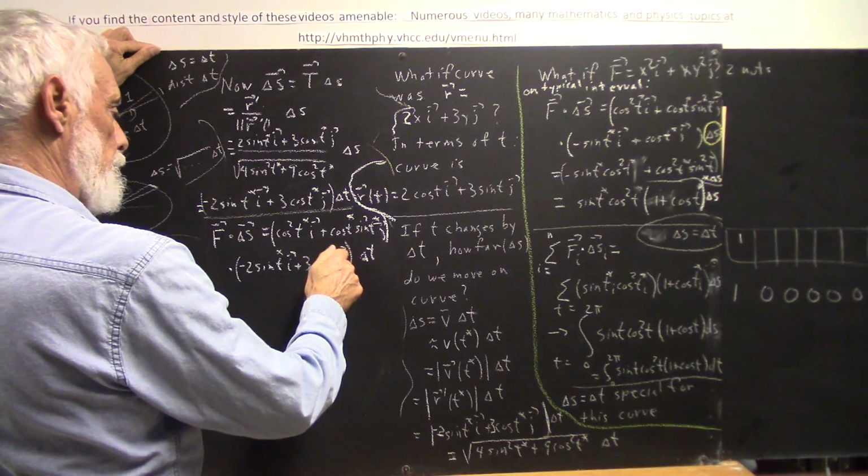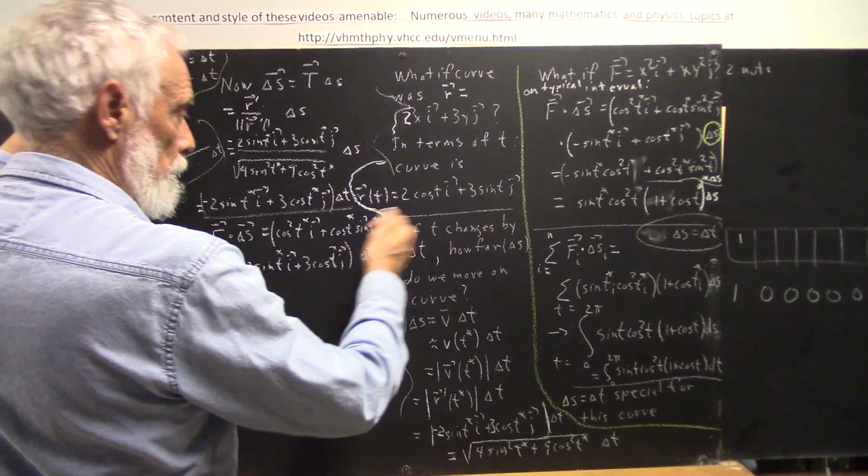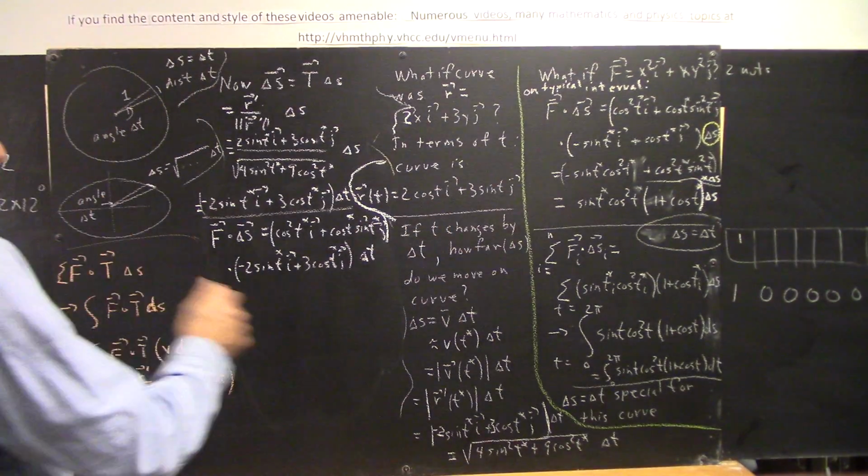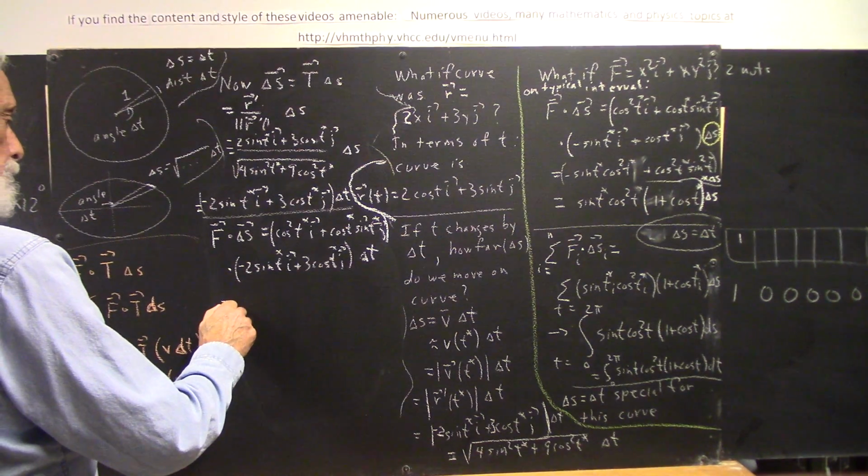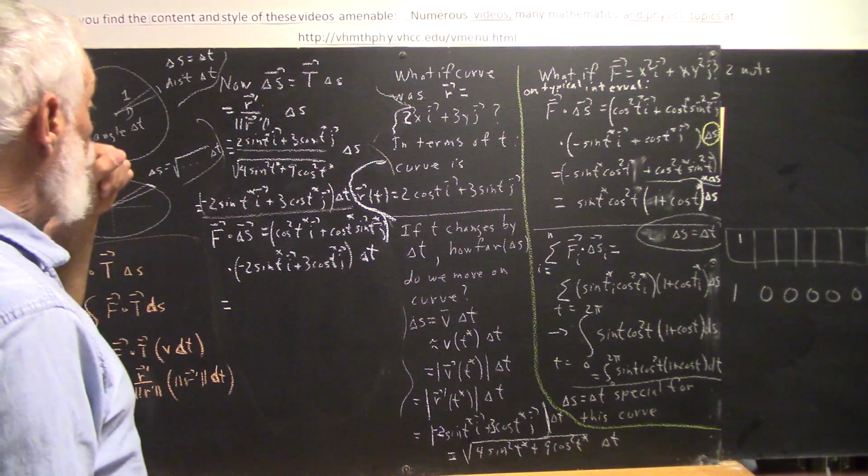And these t's are t stars because we're again looking at a specific increment or subinterval of our partition.